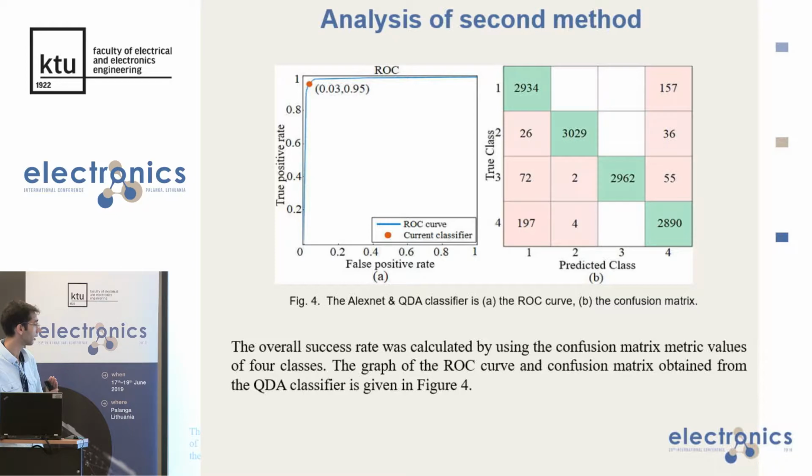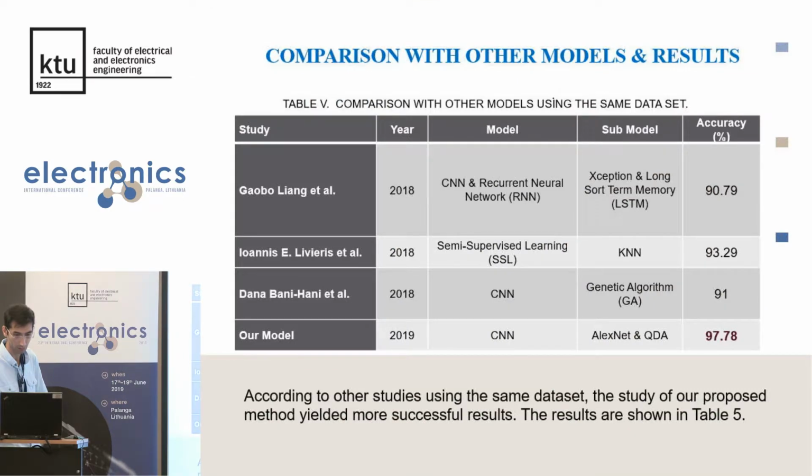Confusion matrix overall success rate is calculated from confusion matrix values for the classes. The ROC curve and confusion matrix obtained from the QDA classifier are given in figure 4. Accuracy and success rate are shown. In comparison with other models using the same dataset, accuracy is 90 and 91 approximately.